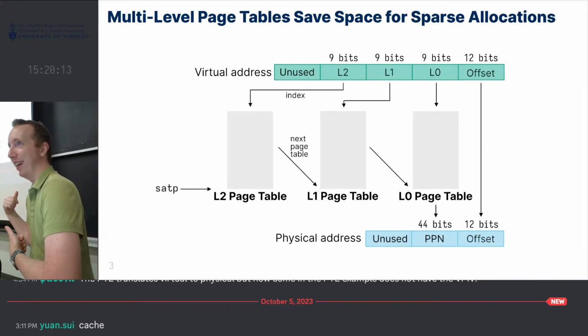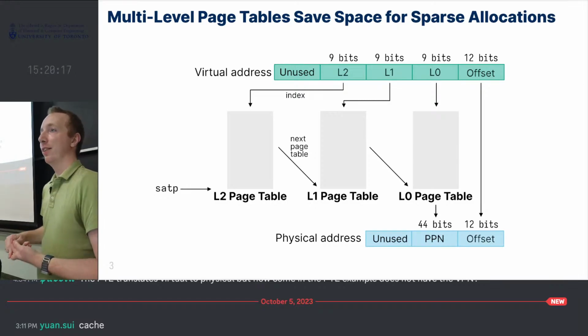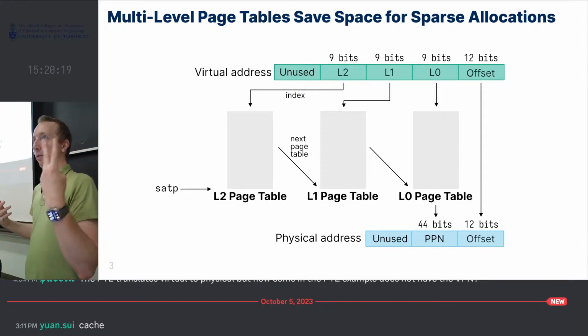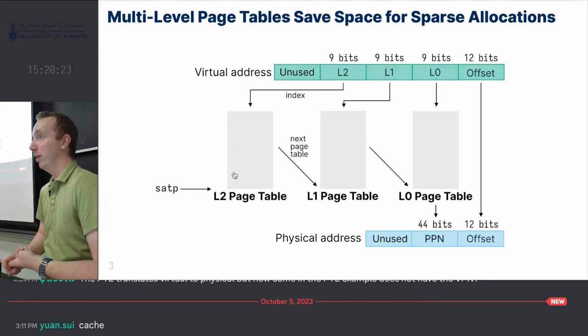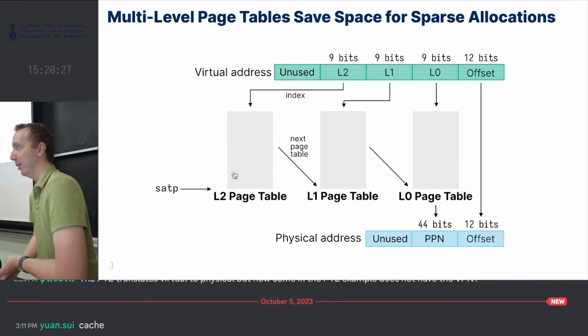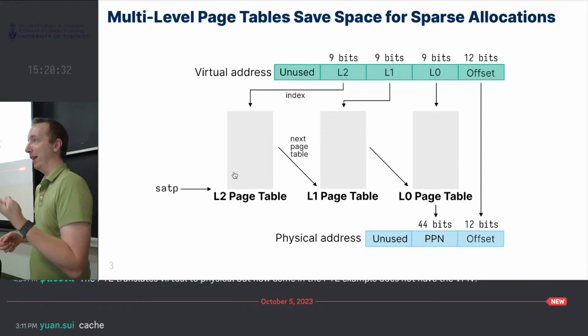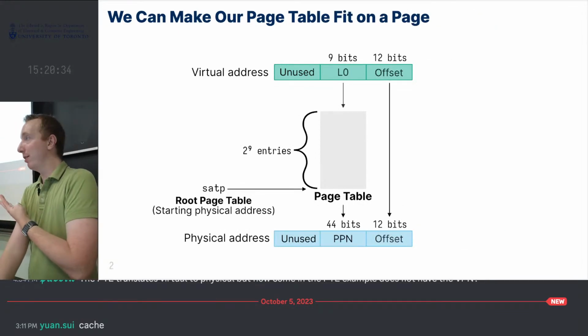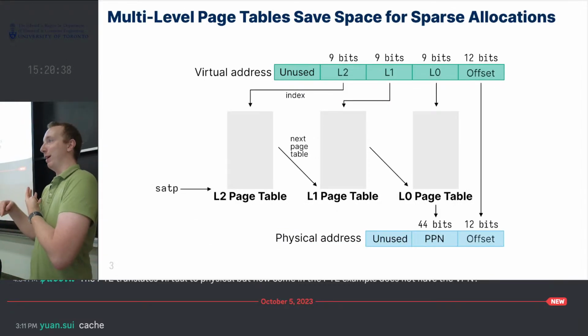What would it be in this case? There'd be 3 additional ones. I'd have a memory access to L2, then a memory access to L1, then a memory access to L0, and then my original memory access. So this is twice as slow as raw memory, and this is twice as slow as that, or 4 times as slow.